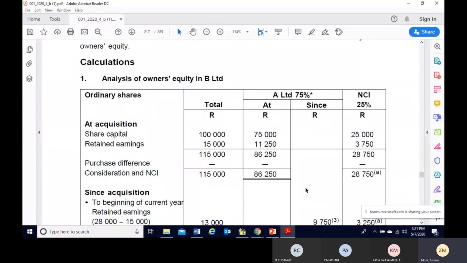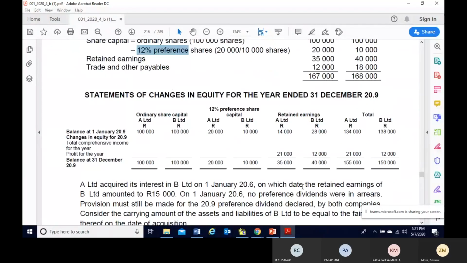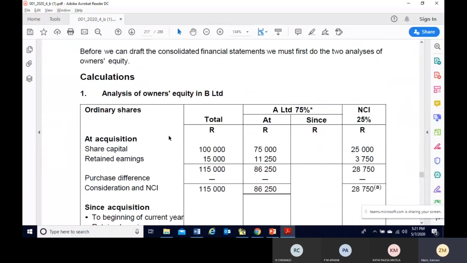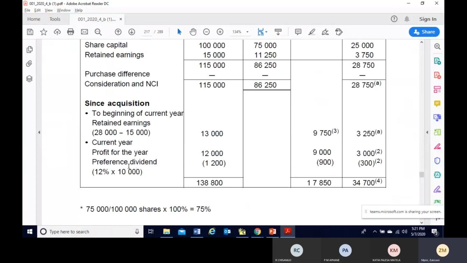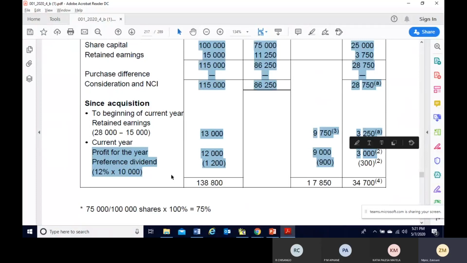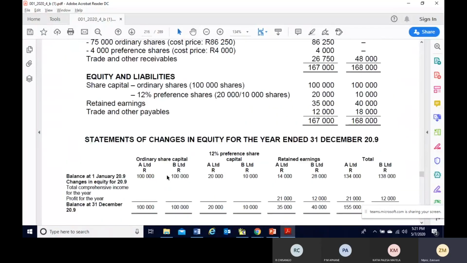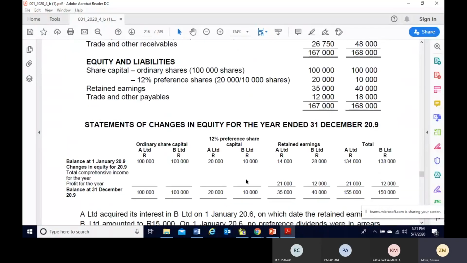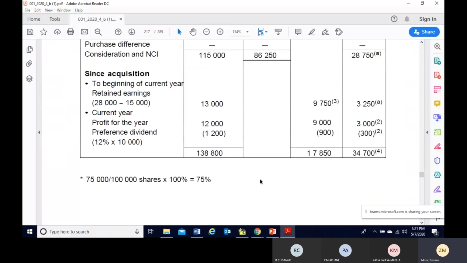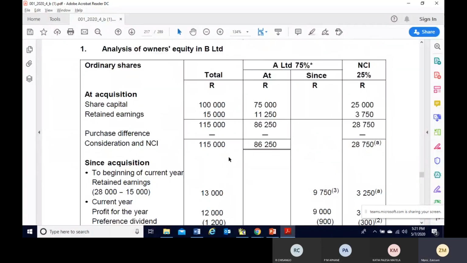So in analyzing the, let's look, A acquired its interest, so B, now analyzing owner's equity of B, we're going to have profit for the year, which is given, 12,000 is given here for B, and you have to calculate preference dividends.